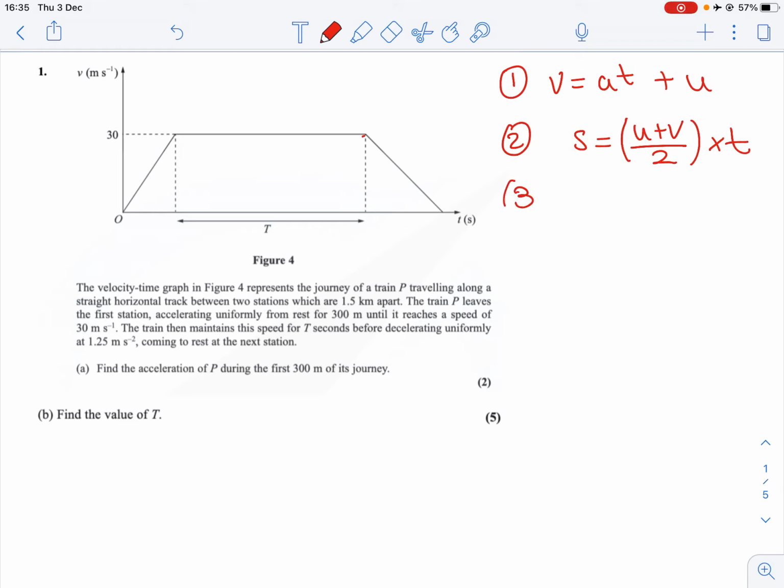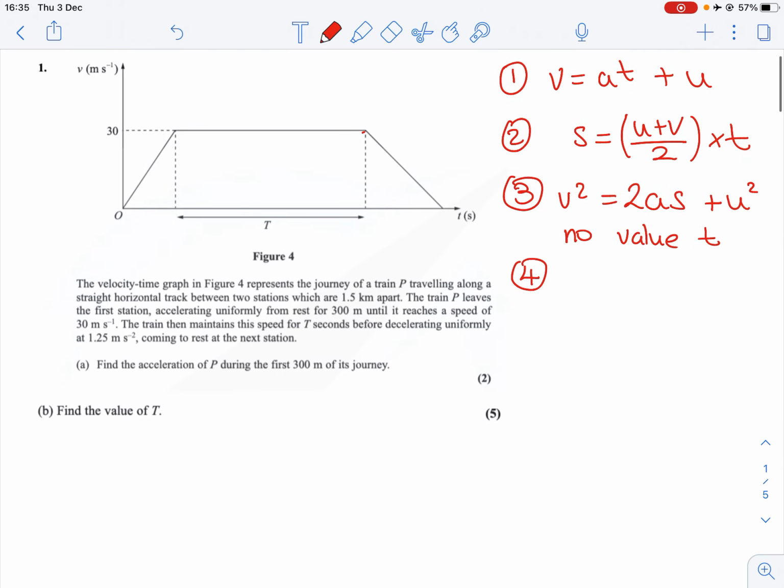The third formula is v squared equals 2as plus u squared. You're going to use this formula when we have no value for t. Number 4 is s equals ut plus half at squared.